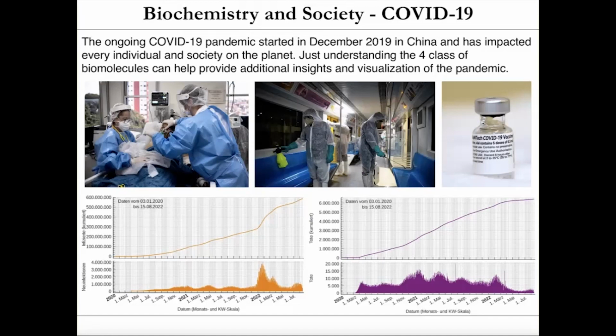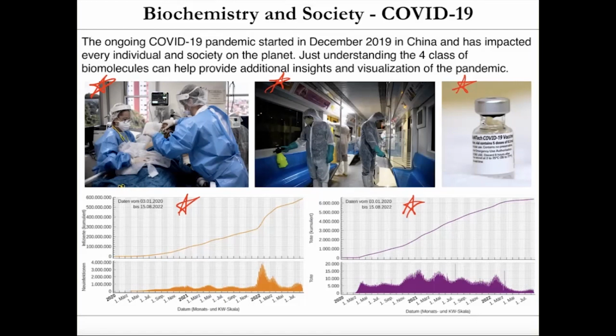And so here are, of course, images of the darkest days of the COVID-19 pandemic. Here is the vaccine that helped us get out of or manage the pandemic. And here are the case numbers and the deaths overall of the pandemic in general. So I'm not going to go into detail on this right now.